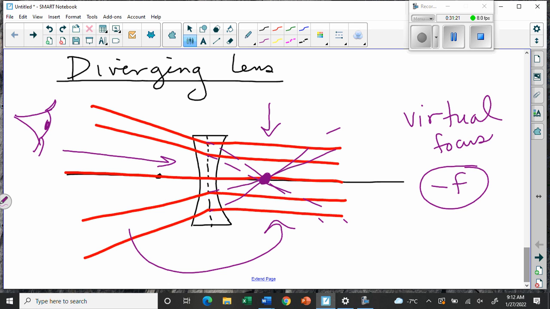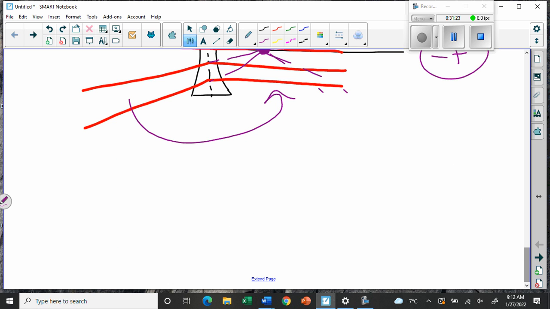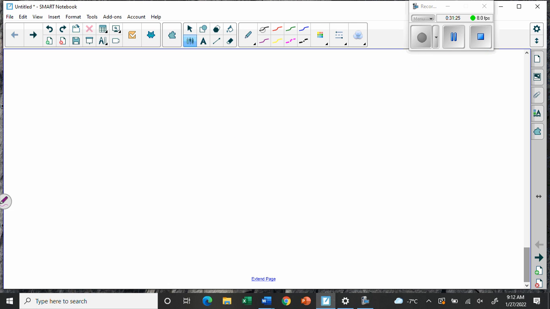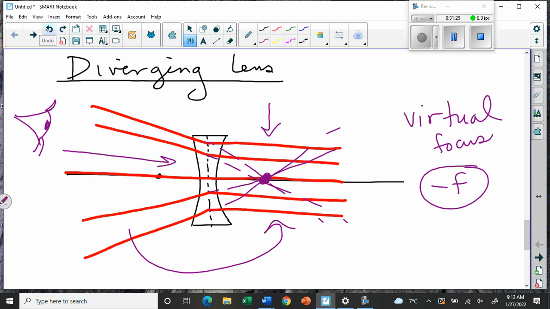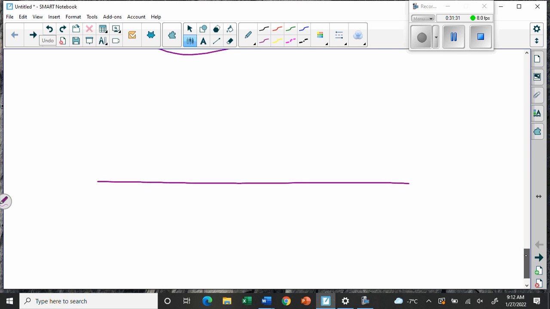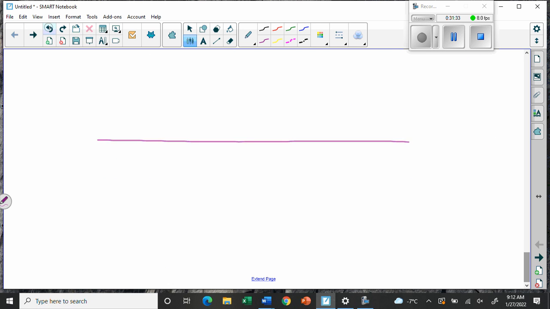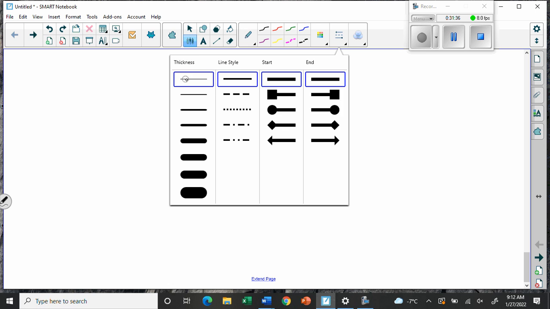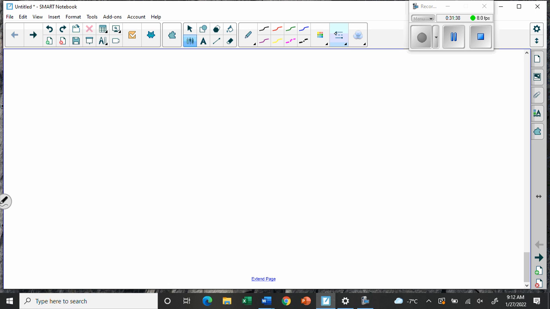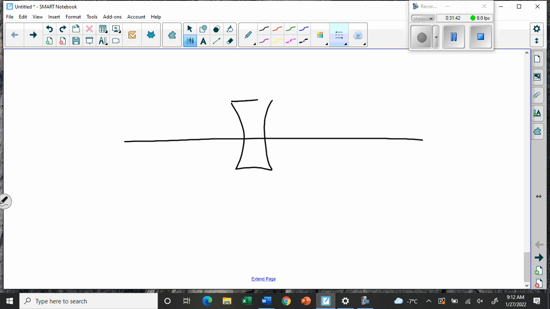Let's do an image and let's see what happens. Okay? So let's draw a picture again. This time we'll draw a nice one. I tried to erase that. There we go. Let's do it in black. Like this. Let's make a nice diverging lens here with an optical center.